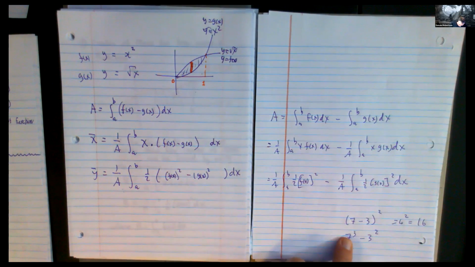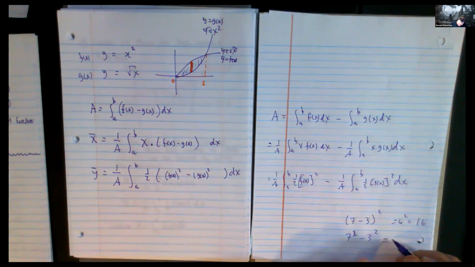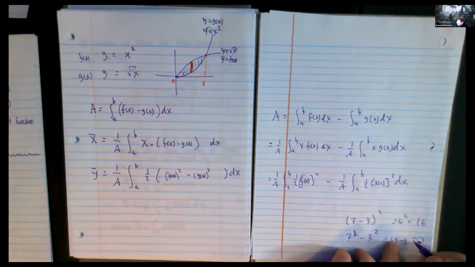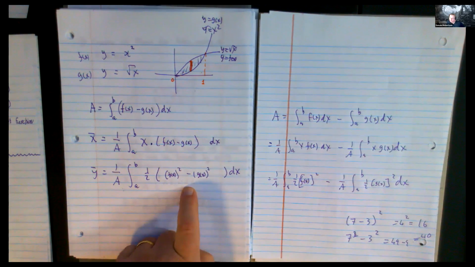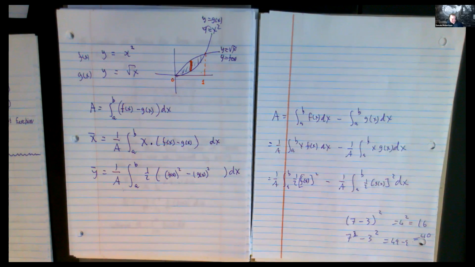This guy, it's a square, is 49 take away 9. Do you see they're not even close? Okay, so if I convinced you that this is the correct adaptation when it's the area between two curves.